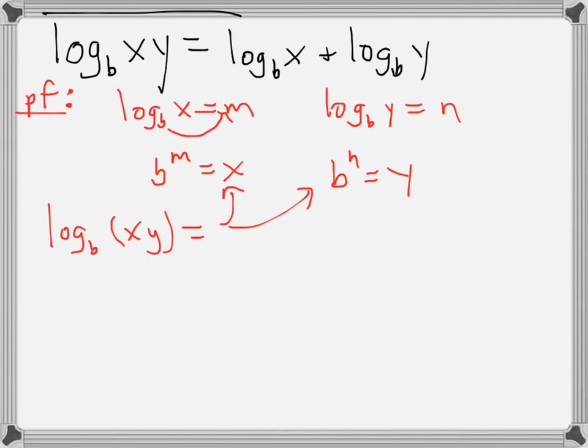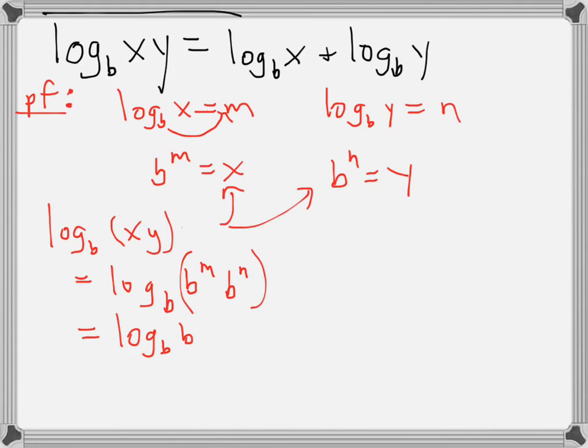X was b to the m power, and y was b to the n power, and that is now going to be b to the m plus n power.